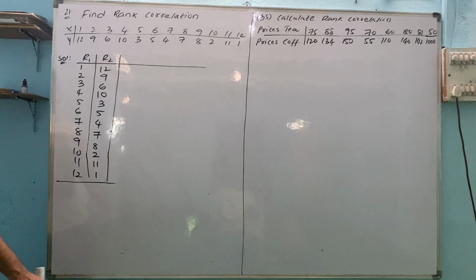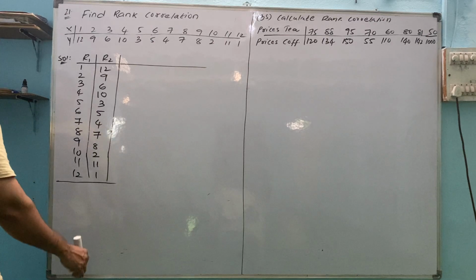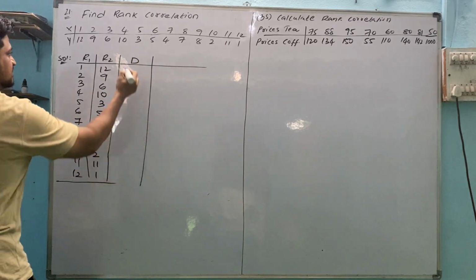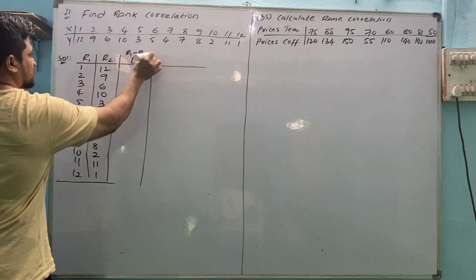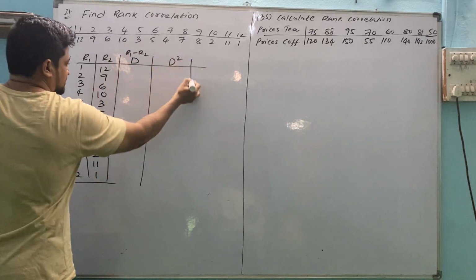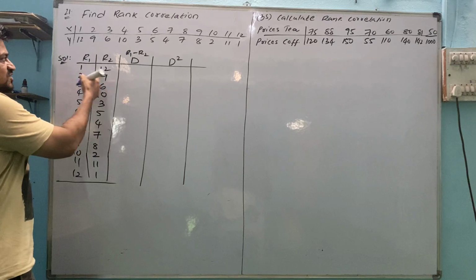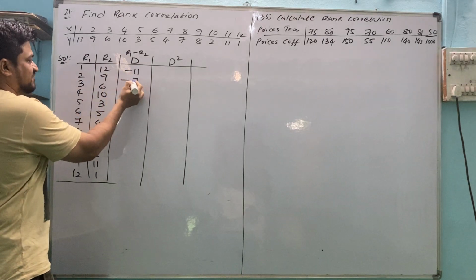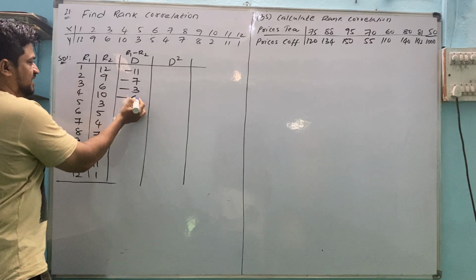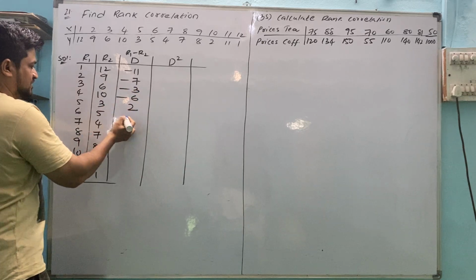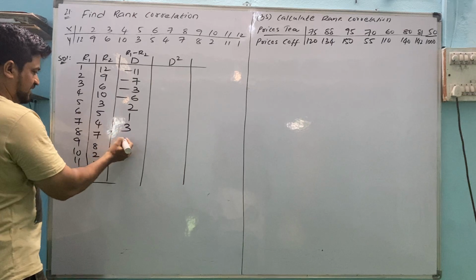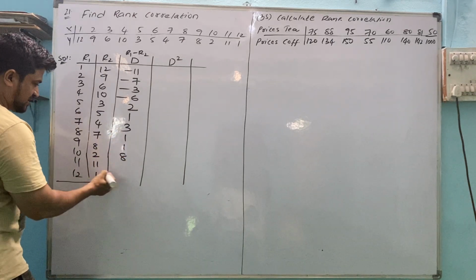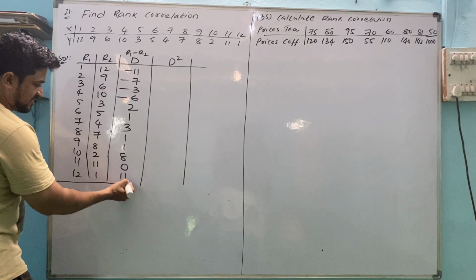Now what we have to do is find the difference of ranks. D is R1 minus R2, then D square. R1 minus R2: 1 minus 12 is minus 11, 2 minus 9 is minus 7, then minus 3, minus 6, 2, 1, 3, 8 minus 7 is 1, 9 minus 8 is 1, 10 minus 2 is 8, 11 minus 0 is 11.